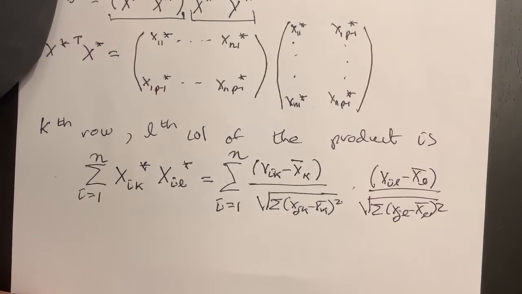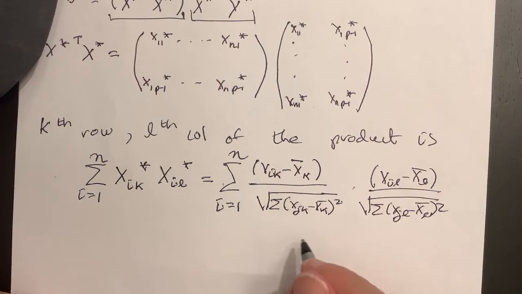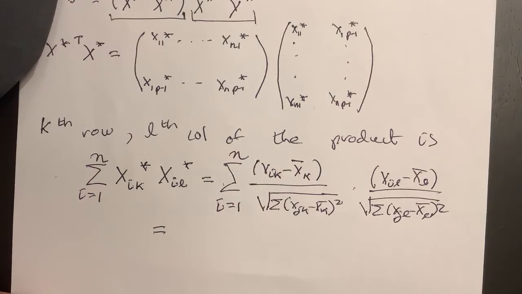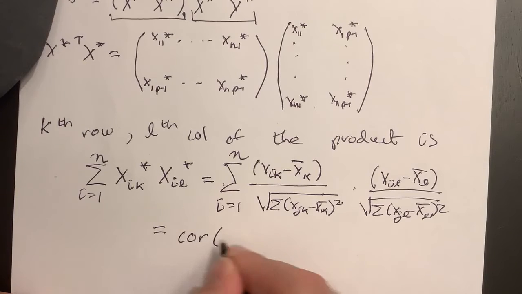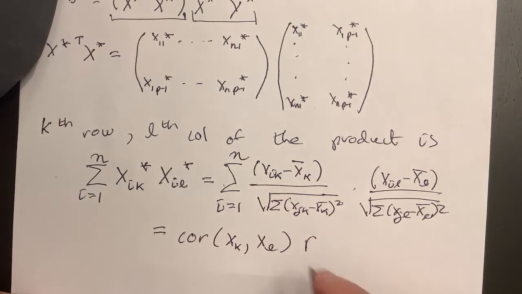And these are constants, so they come outside, and the summation is only up here. So can you tell me what this is? This is just the correlation between the xk column and the xl column. So this is equal to correlation of xk, xl, or we can use the notation r_kl.